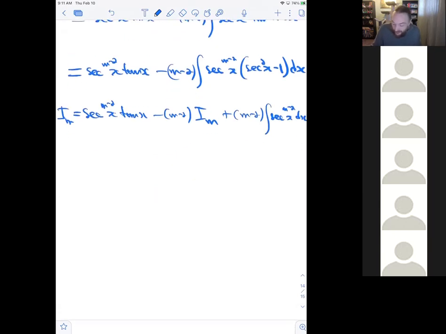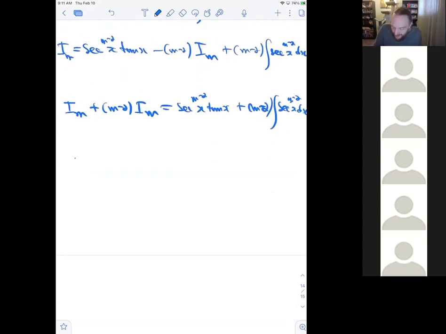Now I have to solve for the appropriate one. What that tells me is, what do I get? I get I_m plus (m-2) I_m equals secant^(m-2) x tan x plus (m-2) the integral of secant^(m-2) x dx.